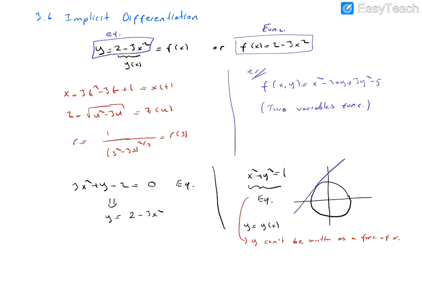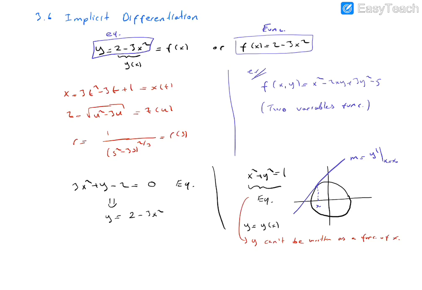How can you calculate the tangent line of this curve? You need the slope. So you need the derivative of y at the point x0, or y prime of x0. To overcome this problem, we talk about implicit differentiation.